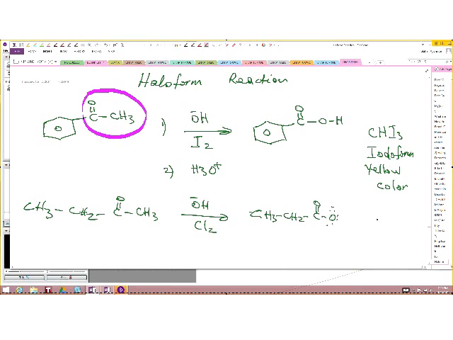You get the carboxylate, and then once you add the dilute acid, that is how you get your carboxylic acid. Okay? So anyway, it's a very useful reaction. It allows us to take a methyl ketone and then form carboxylic acid.